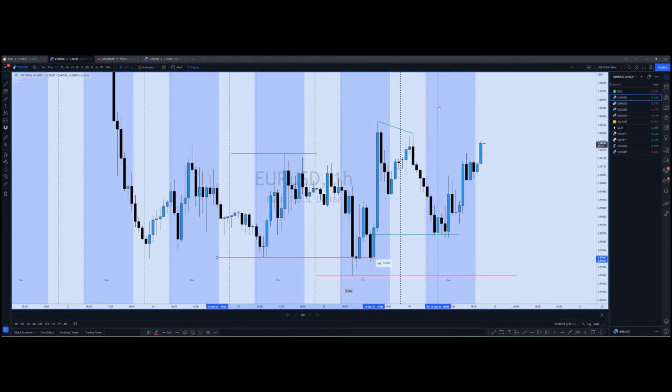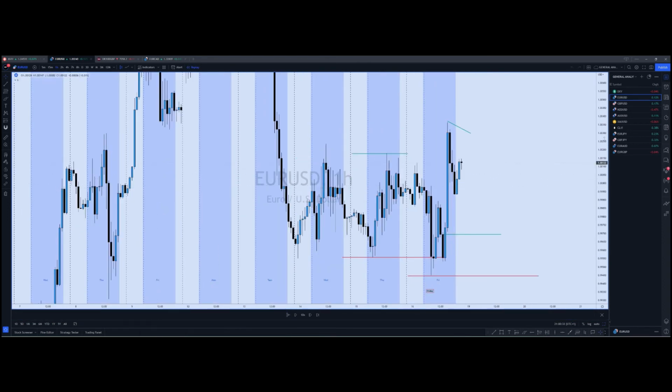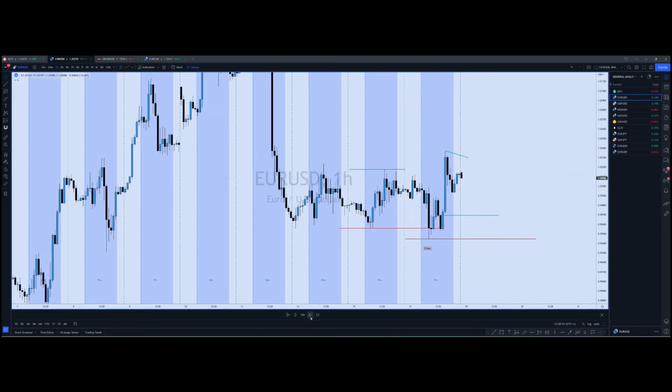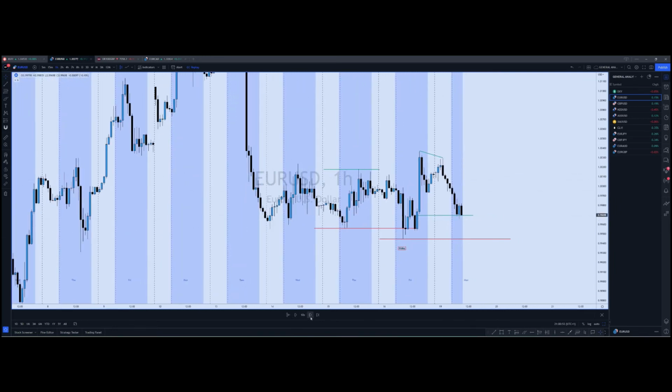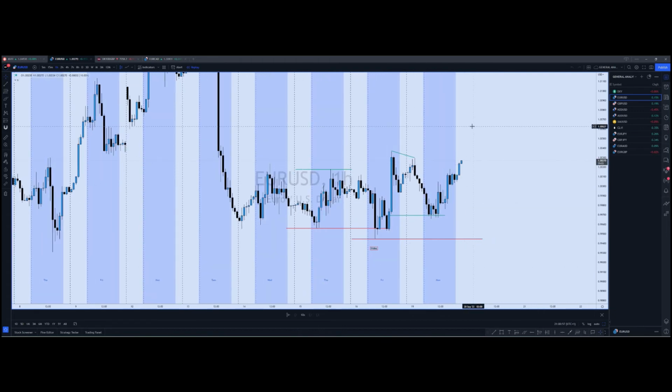So before price even opened on Sunday, if you watched my forecast for the week, I said I wanted to see price go up and then go down for the week. So as I was coming into today, which I did not trade, but obviously I understand what's supposed to happen, price is meant to go up. As it retraces back down into the order block in London, that gives us this opportunity to buy.